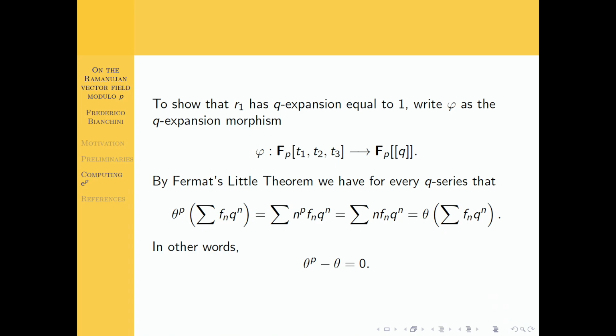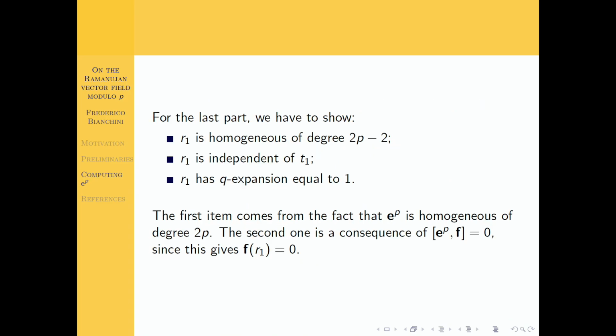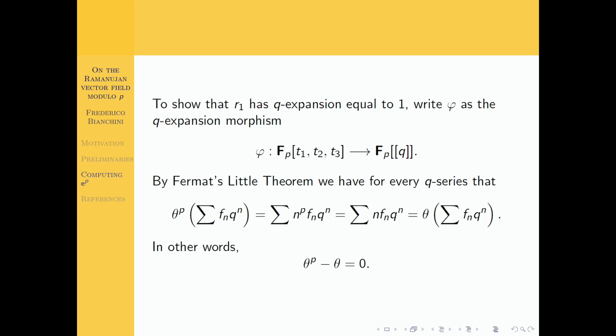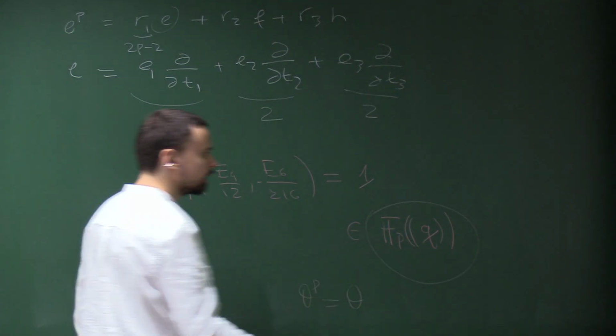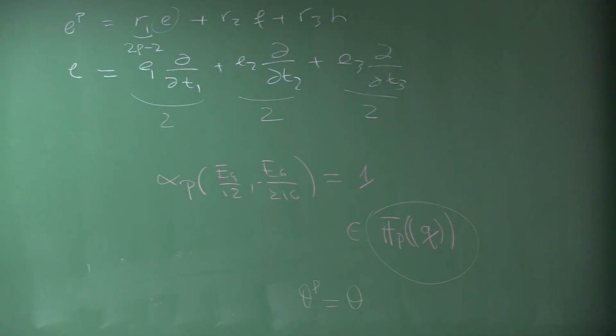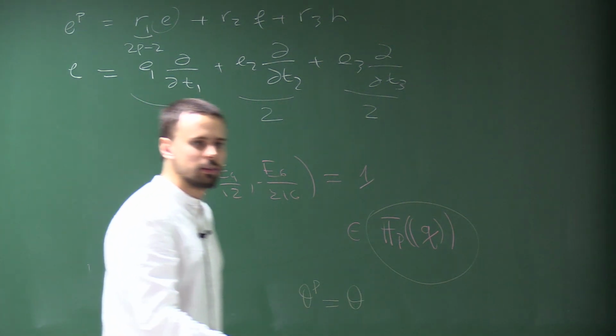And for the fact that R1 has Q expansion 1, we have to use another fact. The fact that when taking theta to the p in this ring here, it is equal to theta. Okay, and this is just because of Fermat's little theorem.